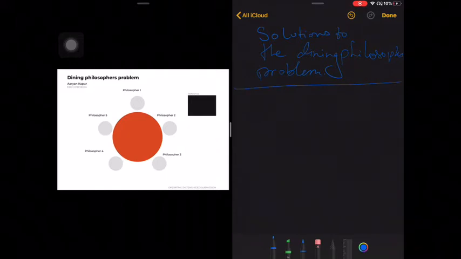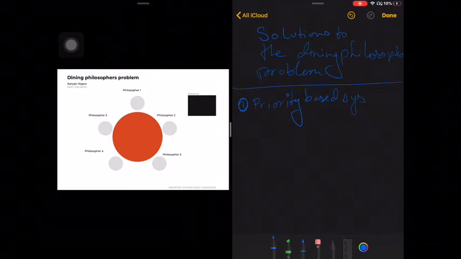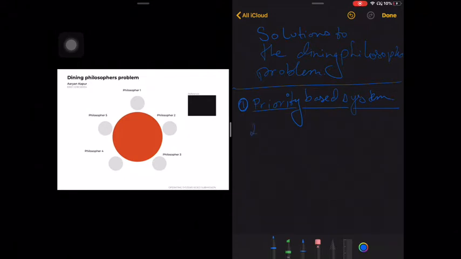Looking at the first solution, it suggests that we apply a priority based system, but that is not a very efficient method because if we give priority to say any two of them, the rest three will starve. So this is not a very ideal solution.